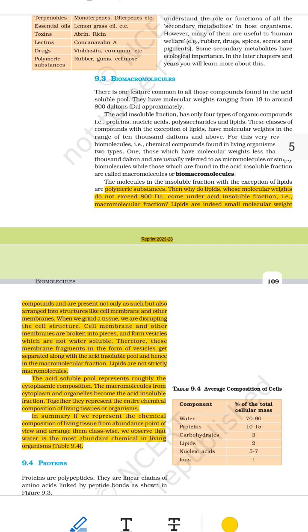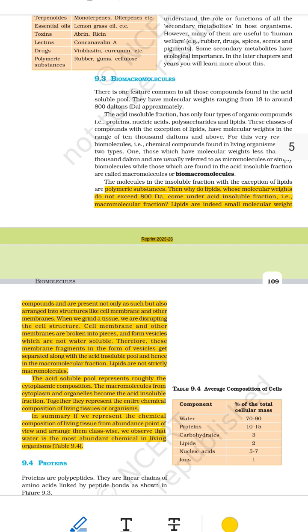When cells are ground up, the membranes break into smaller pieces, forming tiny lipid vesicles, little bubbles made of lipids. These lipid vesicles are too large to dissolve in acid and stay in the acid-insoluble fraction alongside the big macromolecules. Therefore, lipids act like large structures despite being made of small molecules, and they end up in the macromolecular fraction.